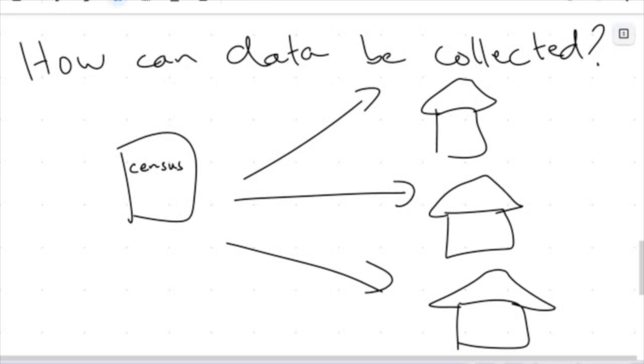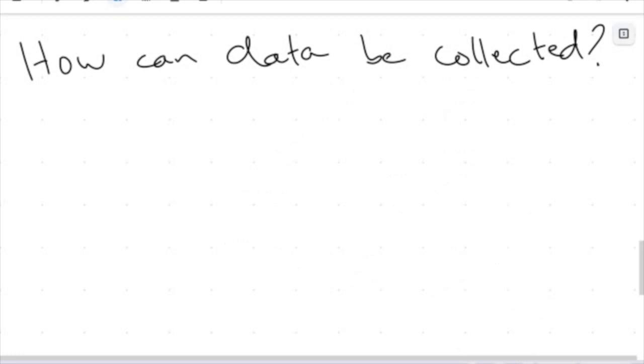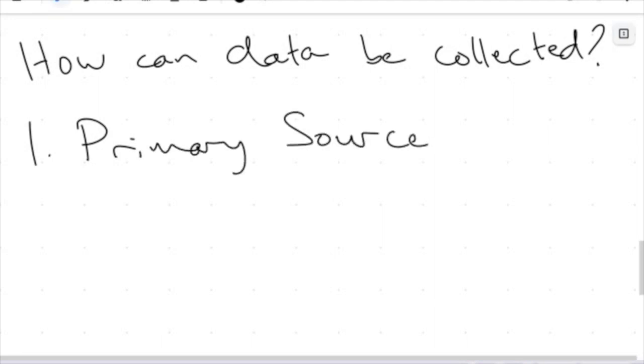This type of data collection is what we call a primary source of data. What this essentially means is first-hand info from the original source.